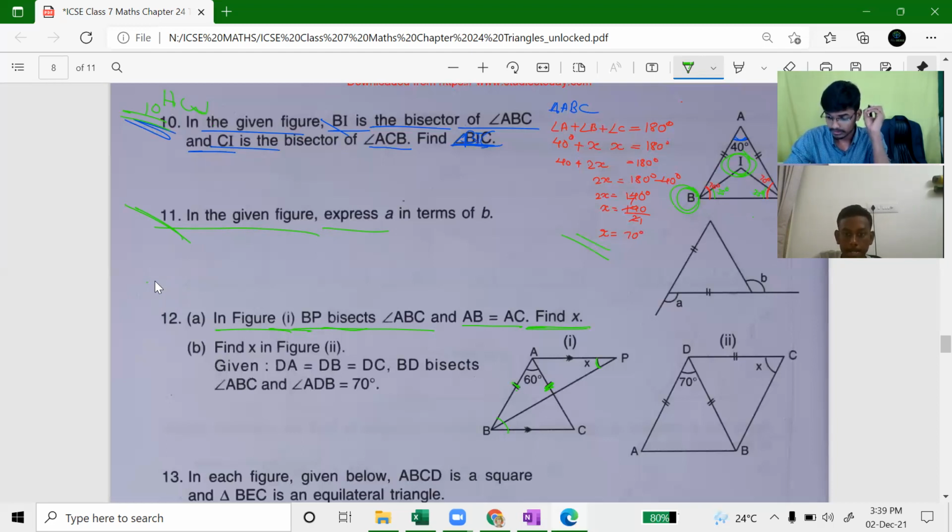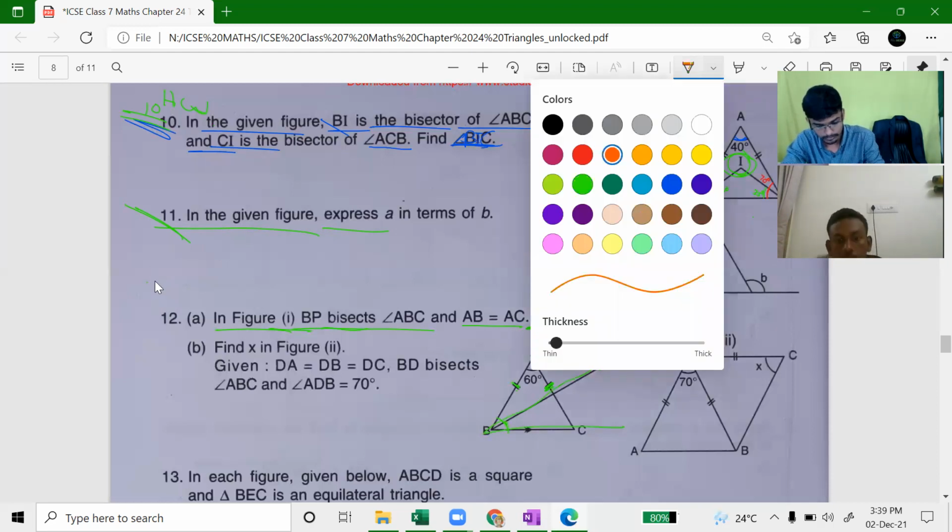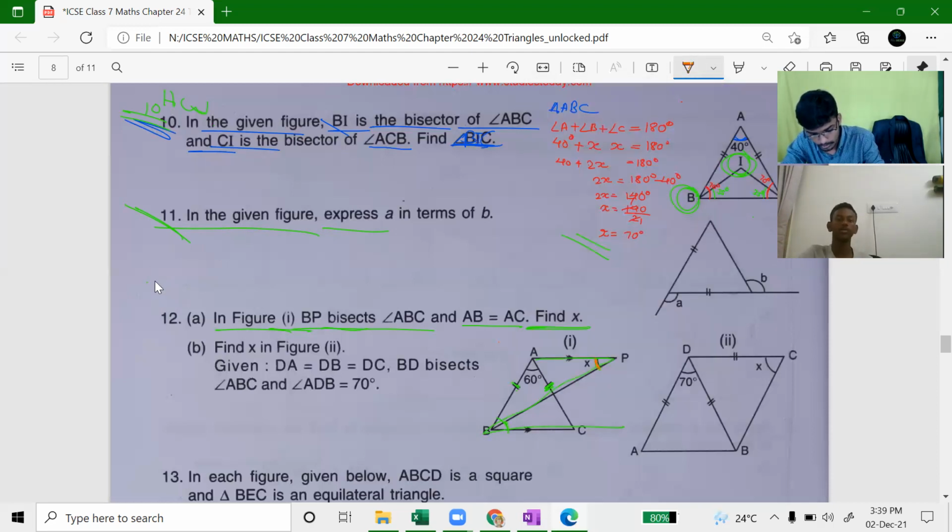It is very much simple. It is too simple. Just don't get confused. We know that this is a Z-shape angle. If this is equal to this, then this will be equal to this one. Why? Alternate angles, right? Yes, sir.